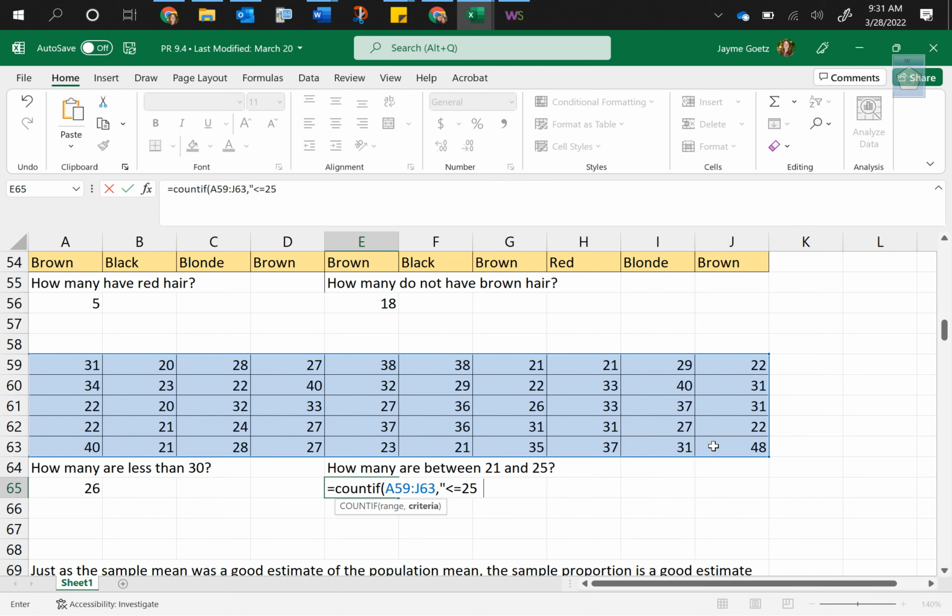And then I'm going to close that quotation and close that parenthesis. Minus, COUNTIF, highlight my range, quotation, less than 21. So I'm going to hold that up there for a minute and then we'll talk about it.